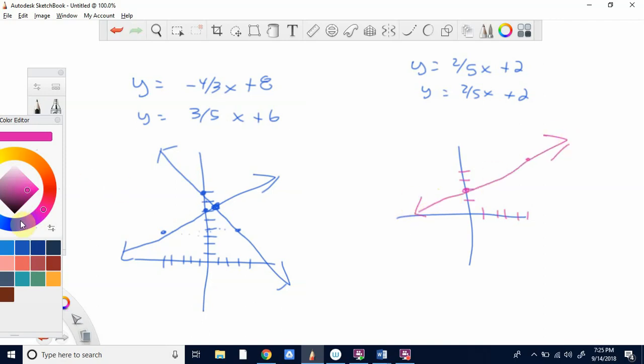Okay, and we notice that they're the exact same line. So they're on top of each other. So they're going to have infinite solutions because they have the same slope and the same y-intercept. Therefore, we say that these are consistent because they have one or more solutions, and they're dependent upon each other. So now pause the video and go do guided practice 3A and 3B.